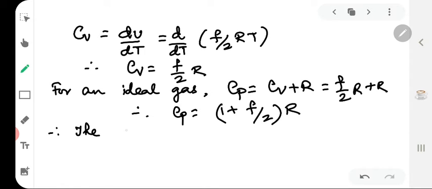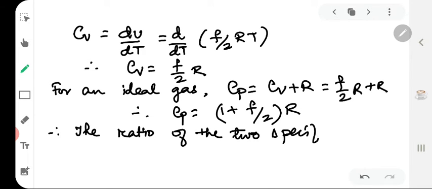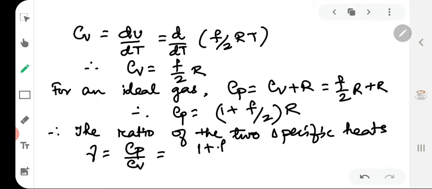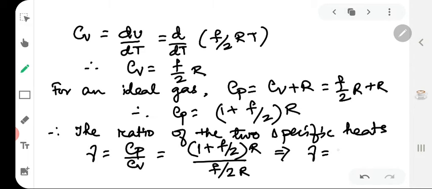Therefore the ratio of the two specific heats, gamma, that is Cp by Cv, is equal to 1 plus F by 2 times R divided by the value of Cv, F by 2R, which implies that gamma is equal to 1 plus 2 by F. So this is the general expression for the ratio of specific heat.